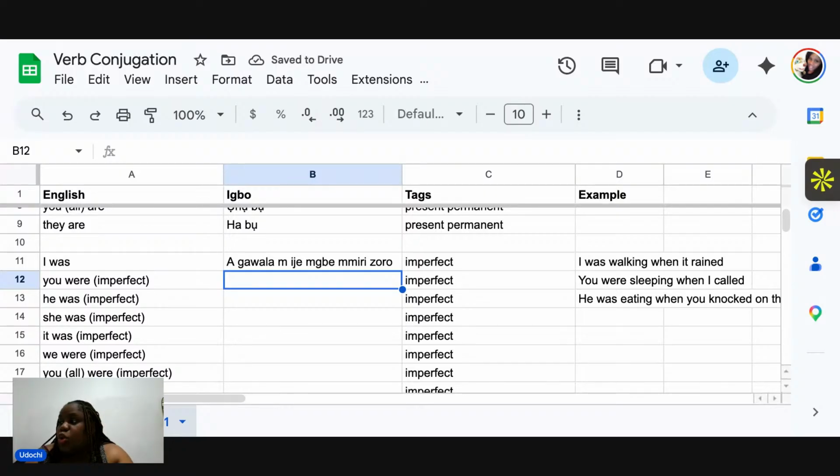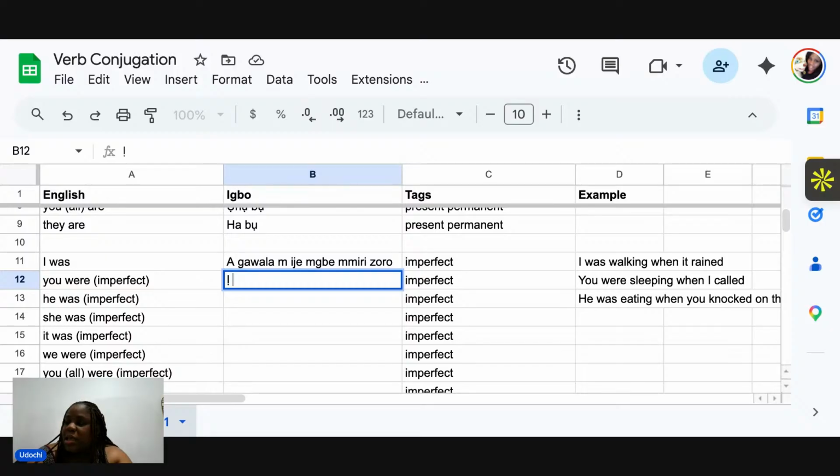Then you say you were sleeping when I called, and so the way you would translate this is, we have this capital I with a dot under it. So were sleeping would be, you will take the sleeping verb, which is ihiora.